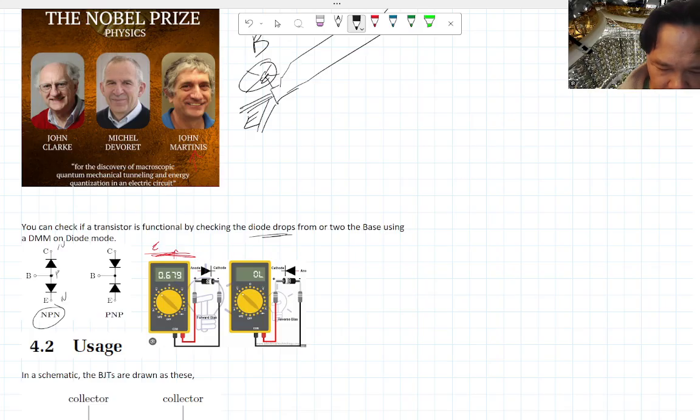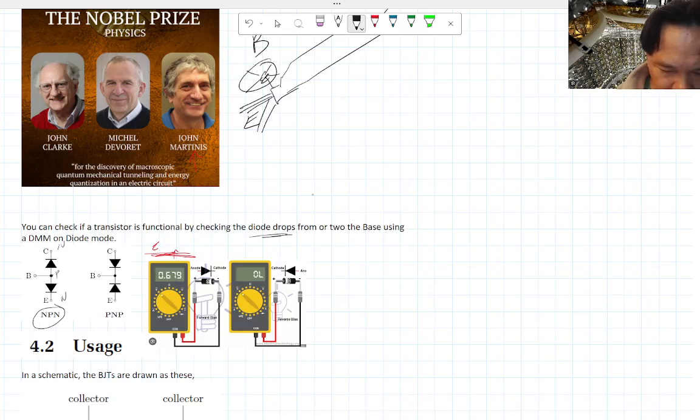So what you do is you basically connect the anode to the positive end of your DMM, and the cathode, which in this case will be the n-doped.